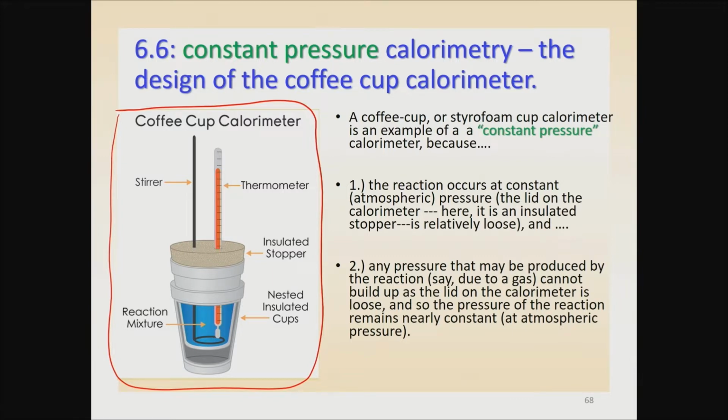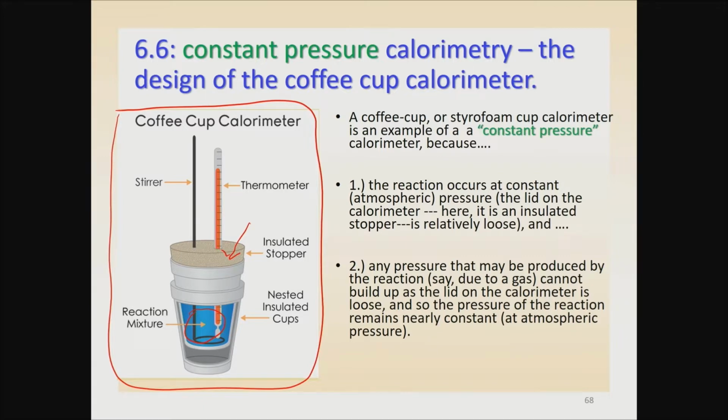So the way we make sure that this chemical reaction is going at constant atmospheric pressure is as follows. We have the chemical reaction contained in a cup here, and so over the cup we have a really loose fitting cap, which I'm pointing to here, which is called the insulated stopper. And so therefore the reaction will always be exposed to atmospheric pressure.